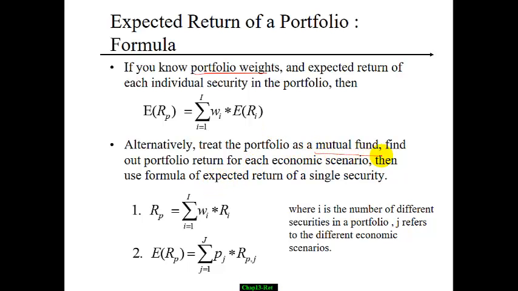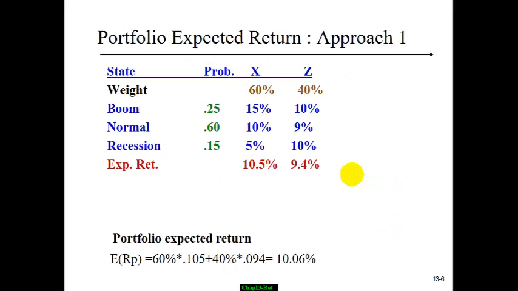Alternatively, we can treat this portfolio as a single mutual fund. So what we're going to do is predict portfolio return under each economy, such as boom, normal, recession. Then treat this portfolio mutual fund as a single security, and use the return and risk formulas for a single security. Let's see some examples.